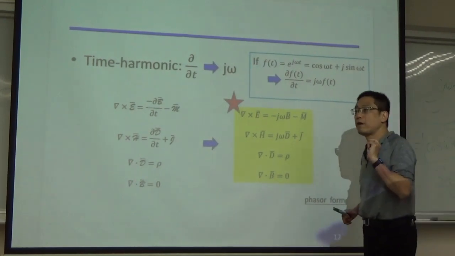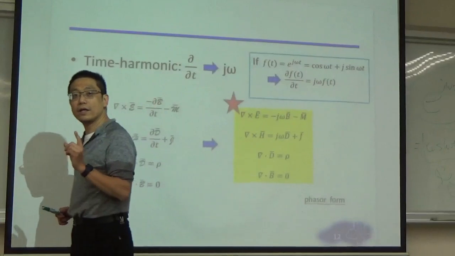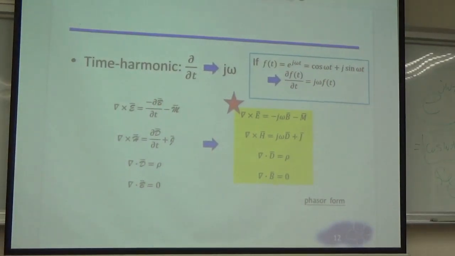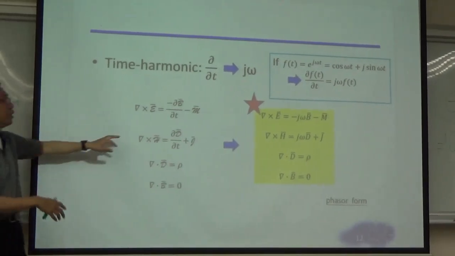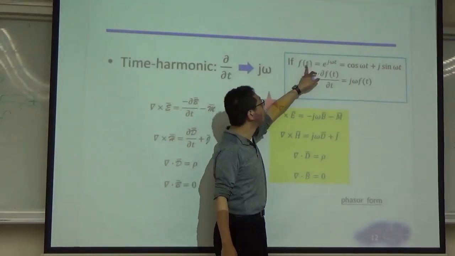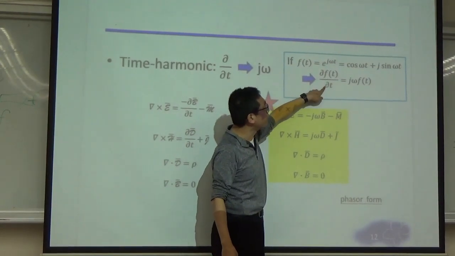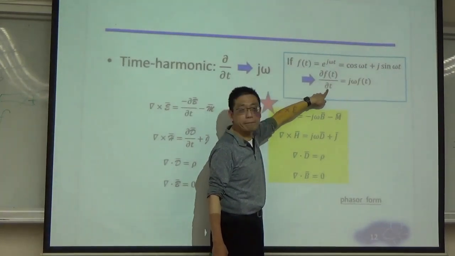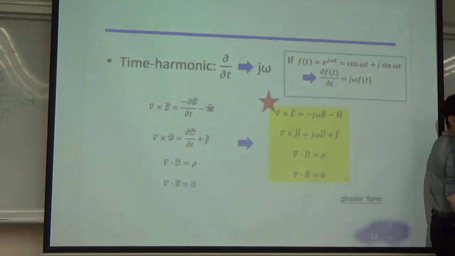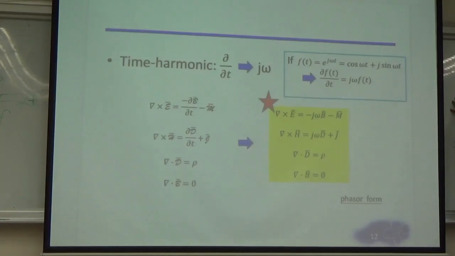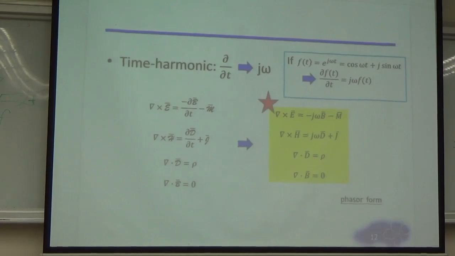One thing very useful is, if you can take this part out, and if I want to take the differential with respect to time, because we have only this time-dependent part, what is the partial differential of this equation?